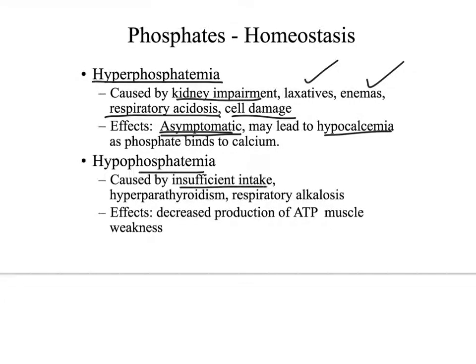Hypophosphatemia is caused by insufficient intake. You don't get enough in. Hyperparathyroidism or respiratory alkalosis. And we've got to put all the pieces together. So if we don't have enough, we might not be able to make ATP, and then our muscles won't be able to work.